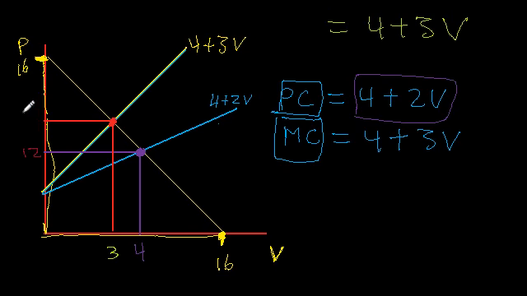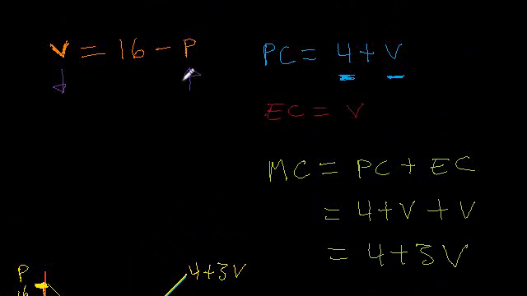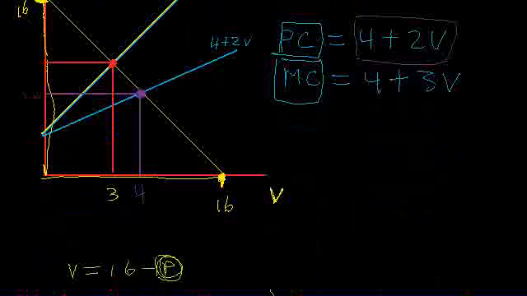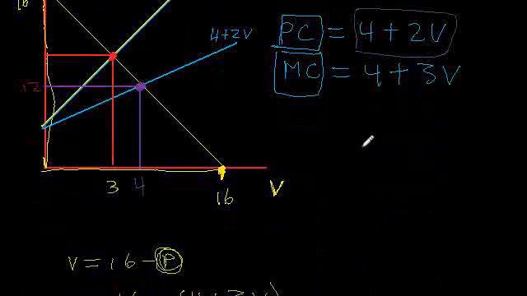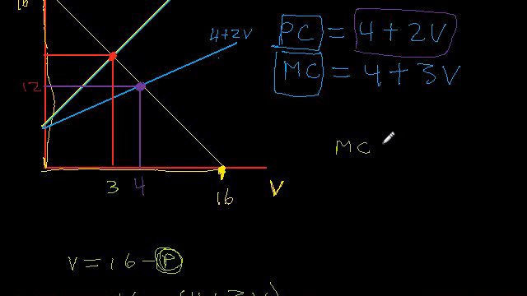And then we need to find the price that corresponds to that level. So what we can do, same as last time, is use this marginal cost curve to find that, or we could use the demand curve given by this equation here. So we'll actually use both just to prove that once again it can be done. So if we have marginal cost, which is corresponding to the price on the y-axis here, is equal to 4 plus 3V.